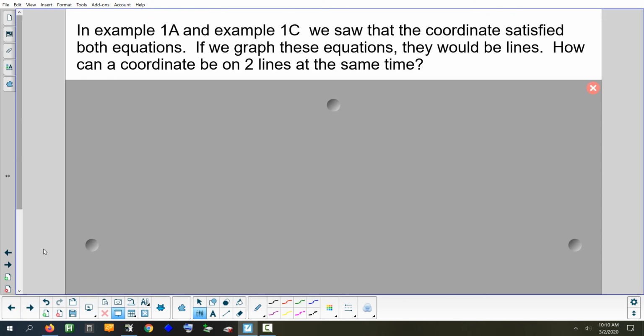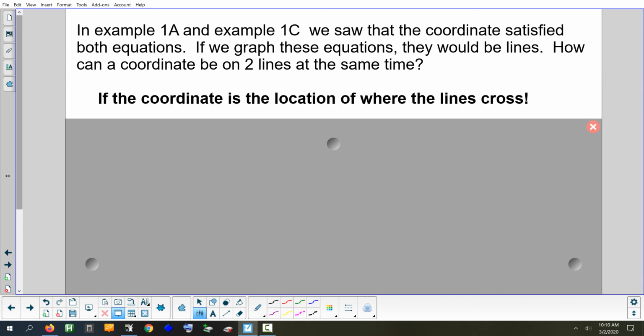All right. So in the first example we did and the third example, the coordinate worked. We wrote yes and we wrote yes. The second one we did was a no. Didn't work. Now, we already answered this question, but you don't have to write that part down because I just showed it to you.